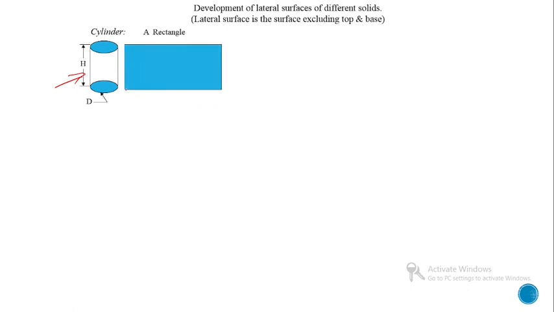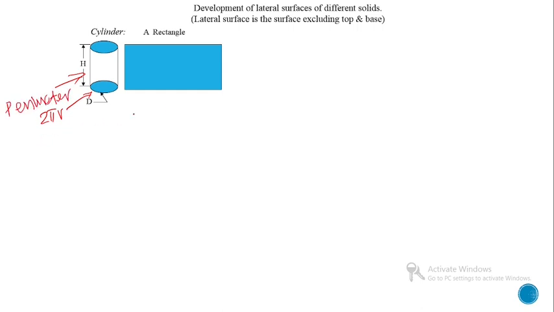And this entire length must be equal to the perimeter of this circle. That is equal to 2 pi r, the perimeter of the circle.